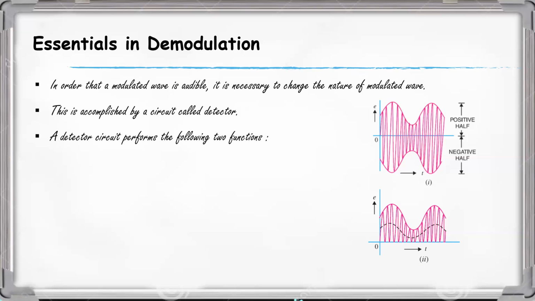So to remove the carrier wave, we can use a filter circuit. When we feed this signal through an appropriate filter circuit, the carrier wave is blocked and only the audio signal is passed.